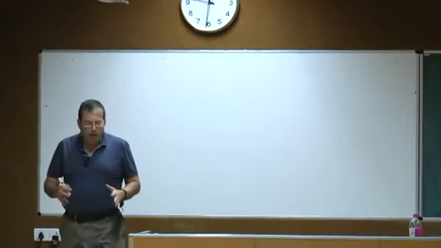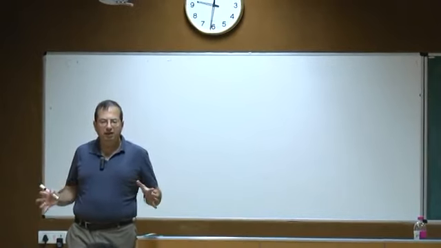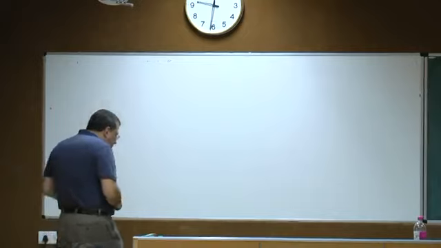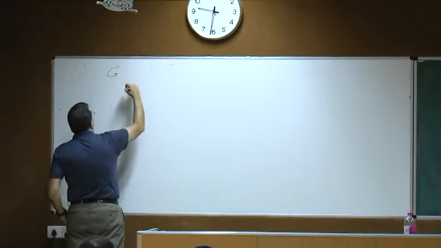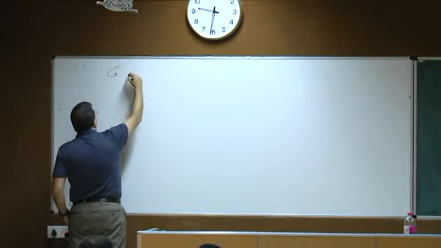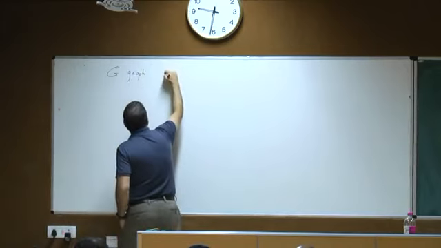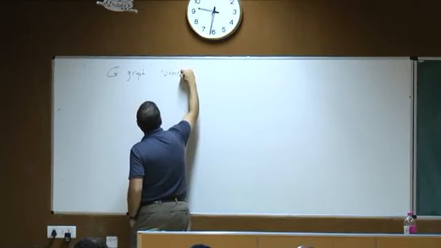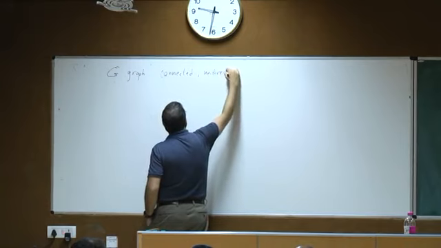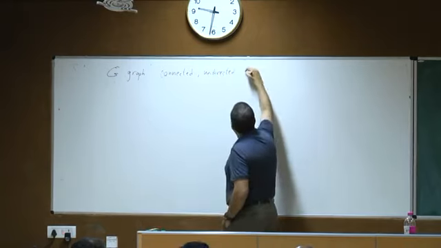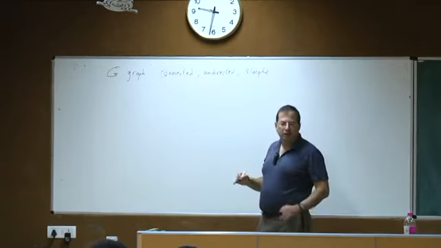We'd like to combine some of the elements we've seen on escape rates on the one hand and mixing on the other hand. So our setting will have a graph G. It will be connected and undirected, and it will be a simple graph, meaning no multiple edges and no self-loops.